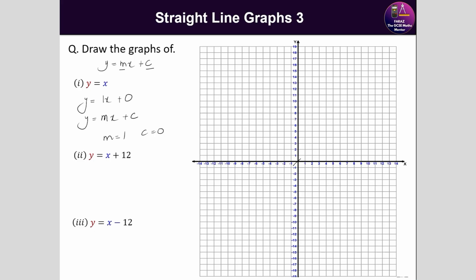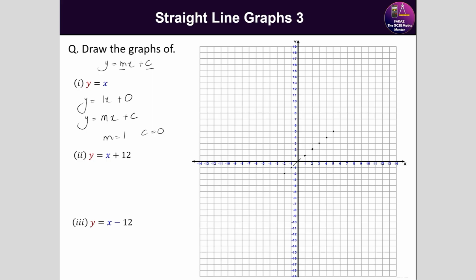And since the gradient is 1, every time we go across 1 to the right, we go up 1. So across 1 and up 1, across 1, up 1, and so on. And here on the left side, we say across 1 and down 1.